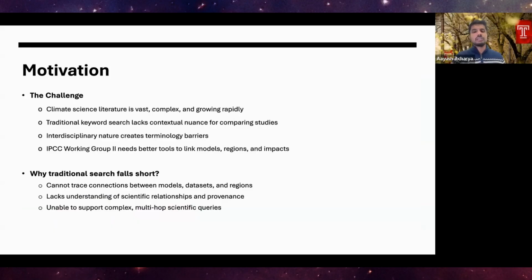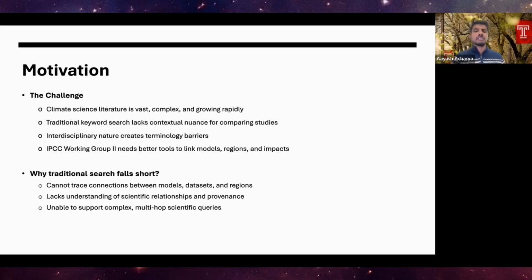So climate science literature is really vast, complex, and growing rapidly. So there is a very diverse amount of papers, and today's large language models, today's AI, data, and resources are largely focused on materials from mathematics, computer science, physics.